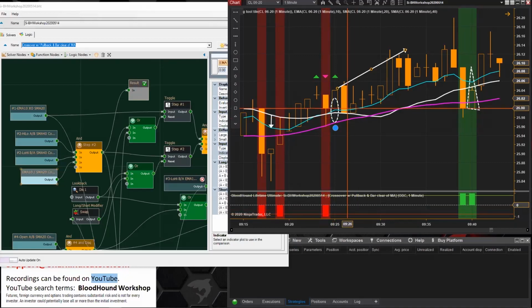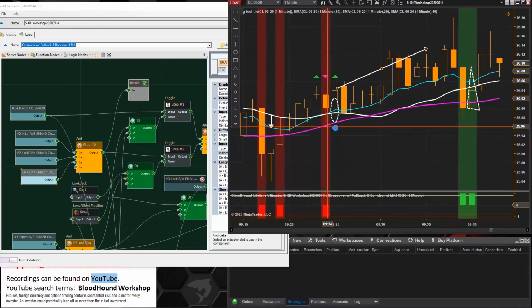So this short signal is not going to work when we're trying to build a long signal. So basically we canceled out this step number 2 candle here by getting rid of the long signal. So it's just a short only.